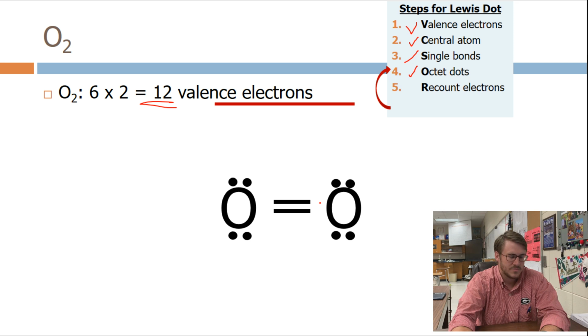So 2 from this line, 2 from this line makes a total of 2 each. So 2, 4, 6, 8 around that oxygen. 2, 4, 6, 8 around this oxygen. So the octet dots rule is checked. And now let me recount and see if that equals 12. 2, 4, 6, 8, 10, 12. Now we have 12.